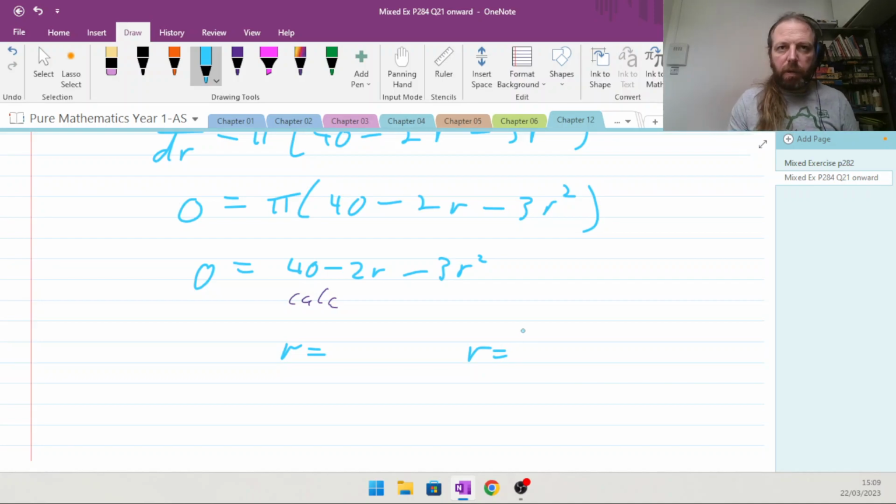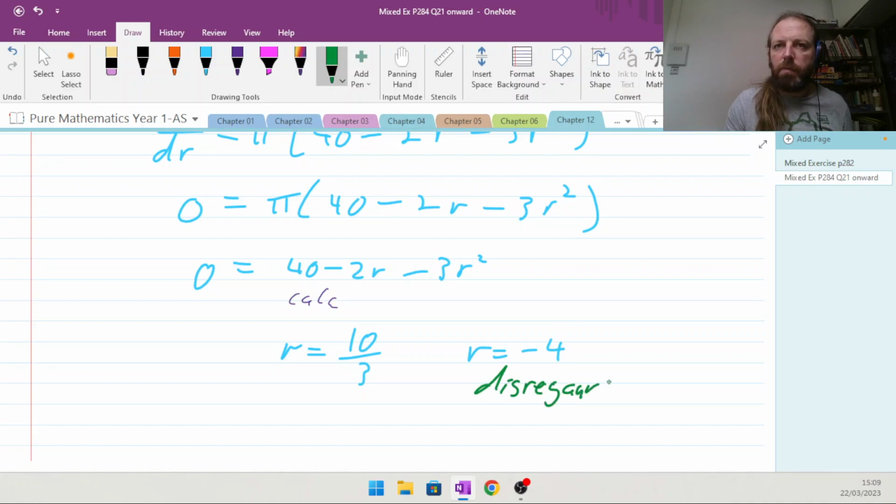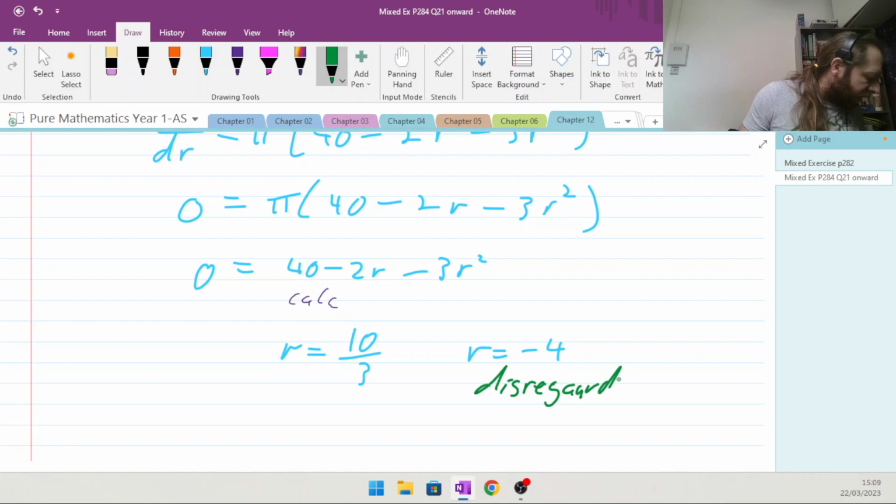Putting it in, we get r as 10/3, and we also get r as -4. They asked for the positive value, so we can disregard this. Disregard that.